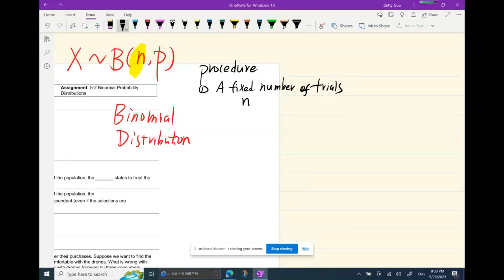Okay, so that's the first condition. Your procedure, your probability experiment contains n trials, and n is a fixed number. It doesn't change. Number two, the n trials are independent.